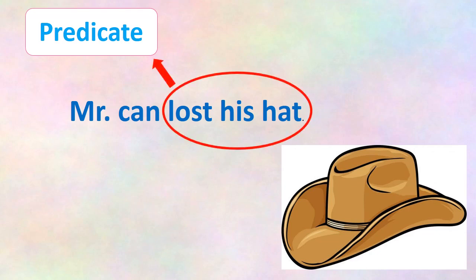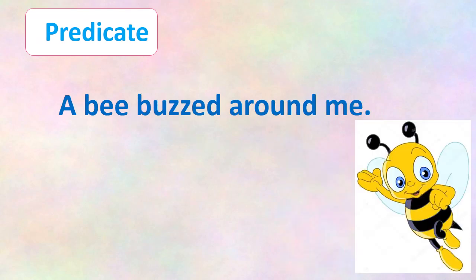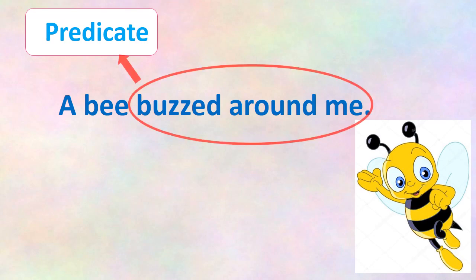So, lost his hat is the predicate of this sentence. Can you guess what is the predicate in the next sentence? A bee buzzed around me. Can you guess, students? Yes, buzzed around me is the predicate because this part of the sentence tells what the bee did.